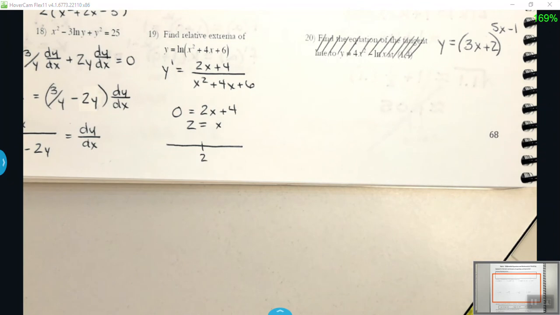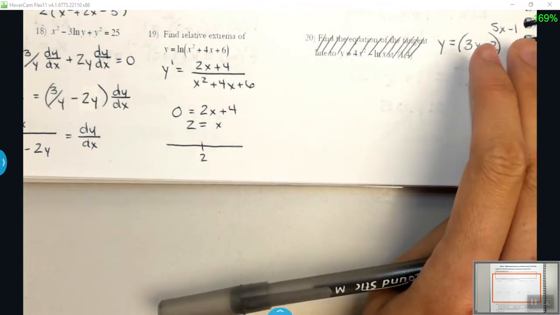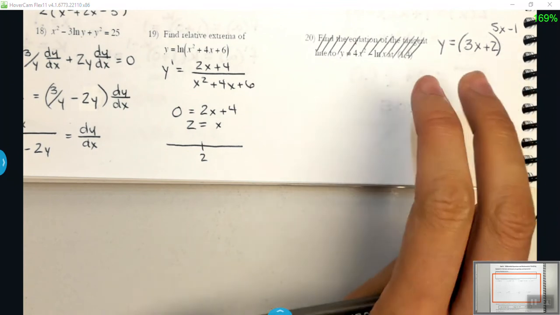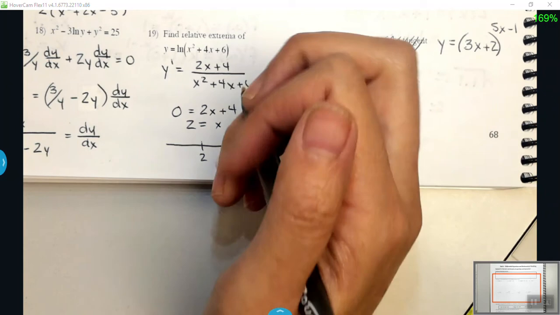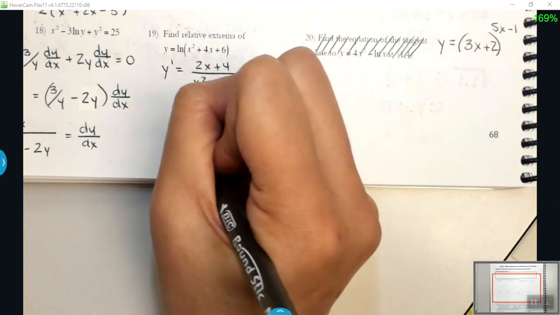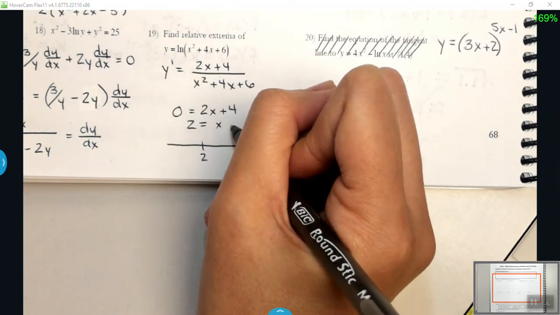We're doing the tangent line of y equals 3x plus 2 to the 5x minus 1. No, we're just going to take the derivative of that last one together. I'll show you how to. I just wanted to give you an example of it. So just do 18 and 19, and then we'll do the derivative of the last one together.